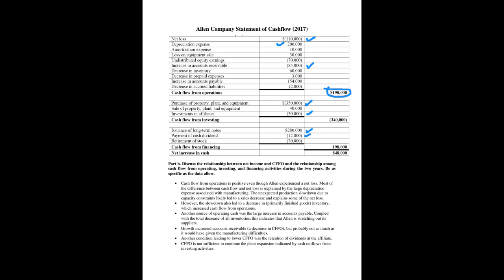We are expecting that inventory will increase next year. There is a decrease in inventory this year because the company was not producing more, and whatever was in the stock of finished goods was sold out. So that's why we have a positive cash inflow because of the sale of this inventory.